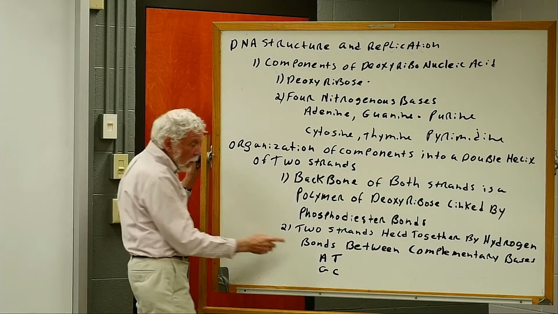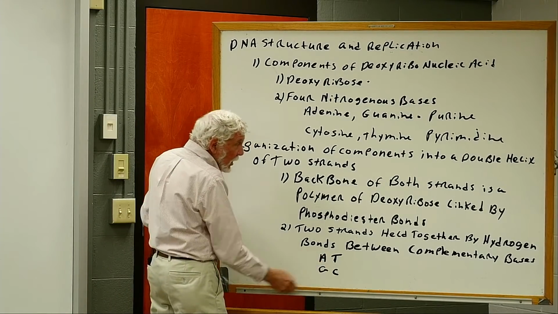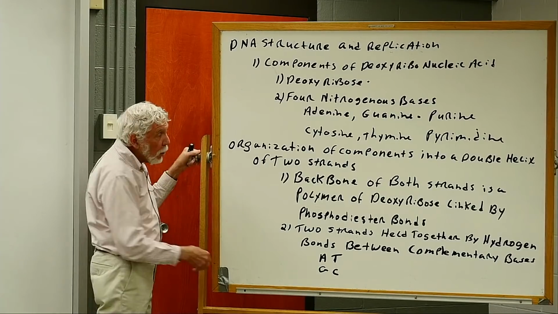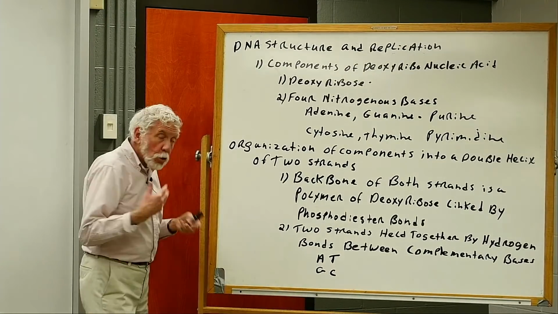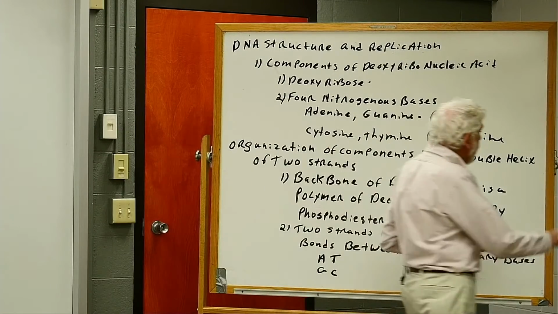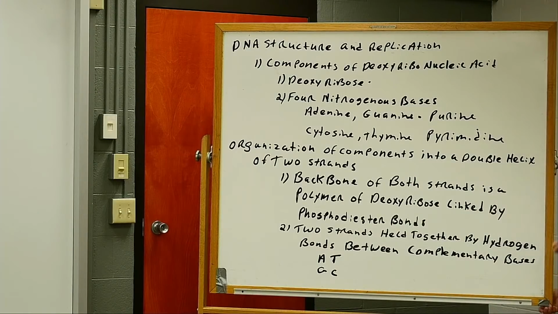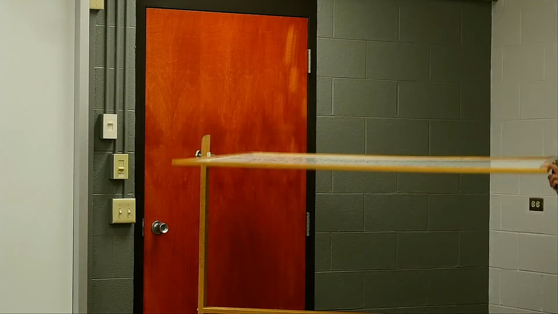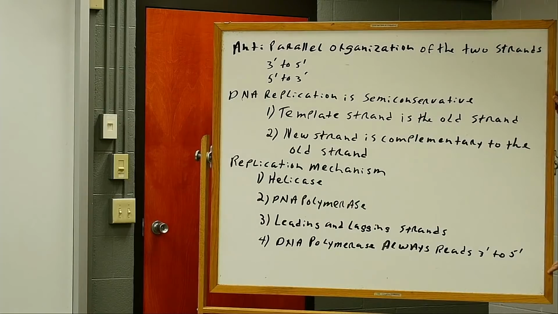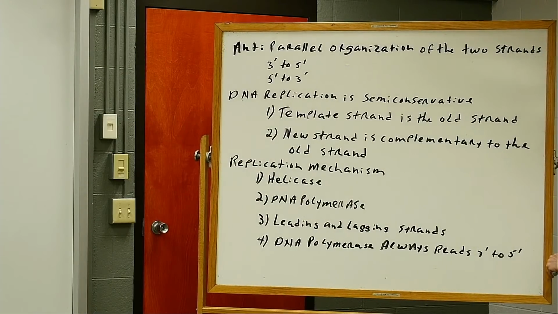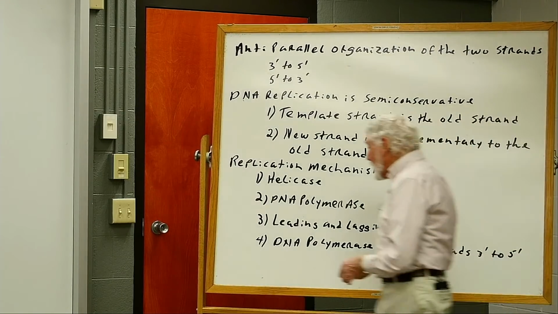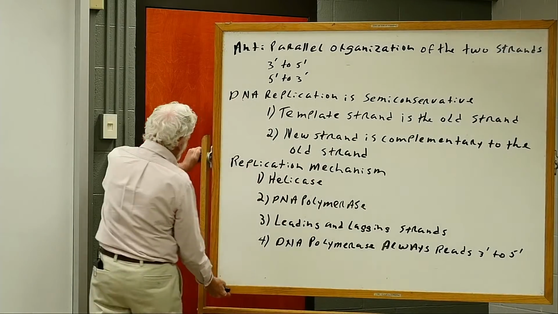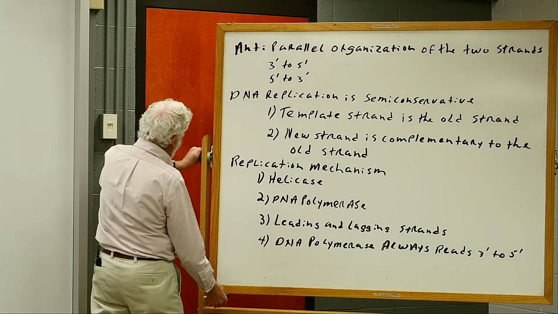Those bases now, adenine to thymine, guanine to cytosine, will base pair, and they'll base pair through hydrogen bonding. So the two strands of the DNA molecule are being held together by hydrogen bonding, whereas the strand itself, composed of the backbone of deoxyribose, is held together by covalent linkages called phosphodiester bonds.